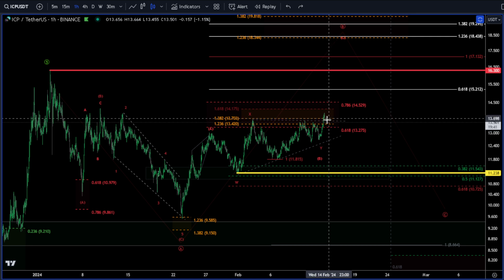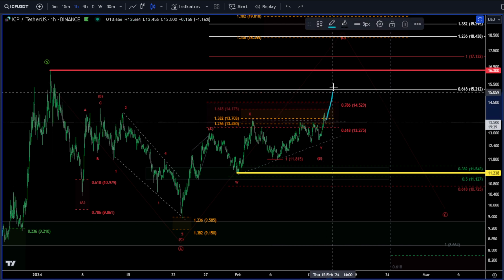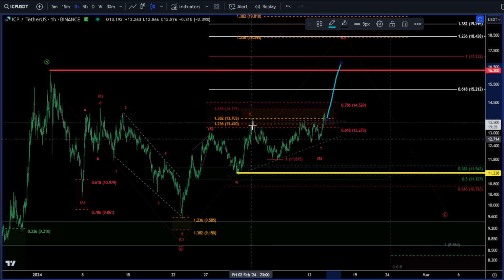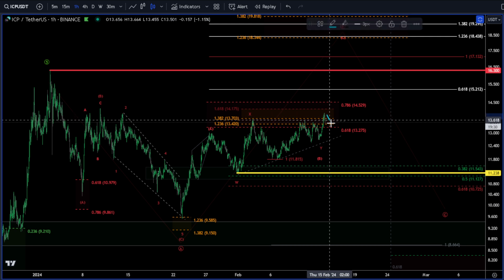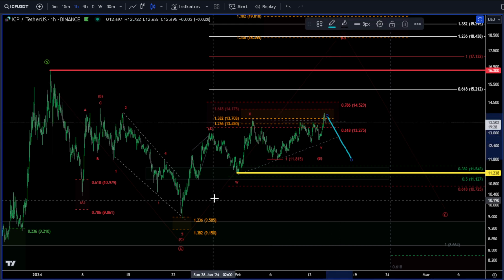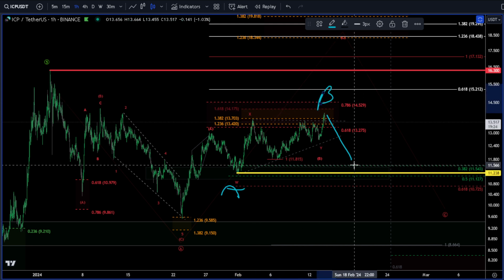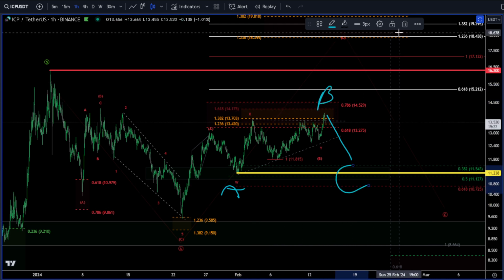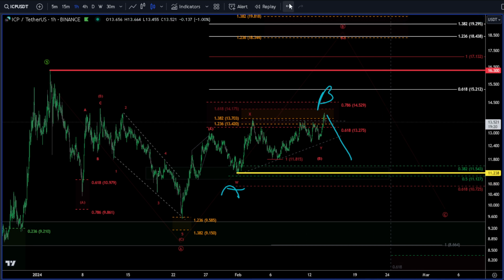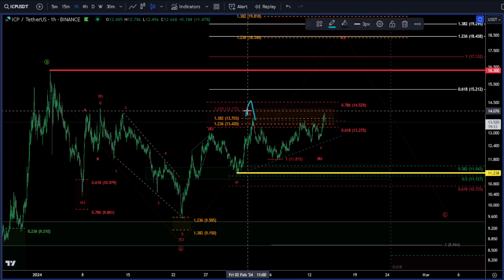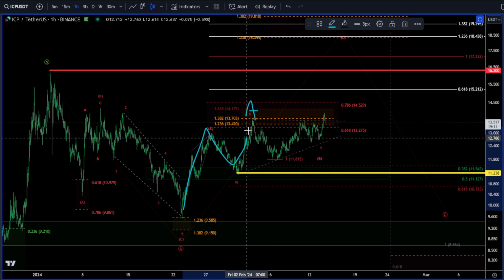So what I would suggest is if we keep moving from here, the correction is the complex correction where we end in a triangle. If we come down for one more, this changes to our A, B, C. And also this can be our A, if you remember, in our 3-wave move here.